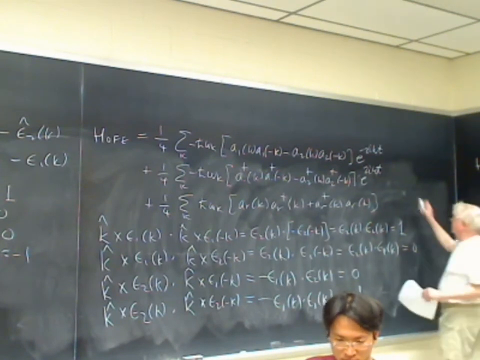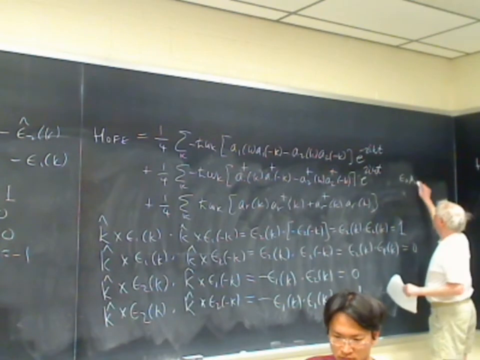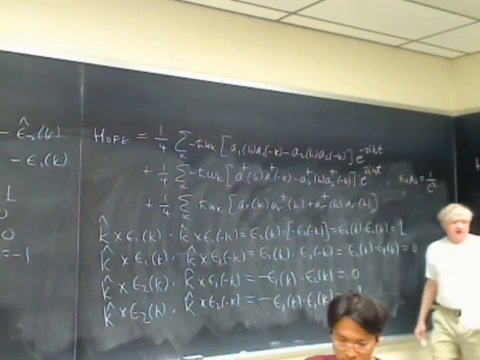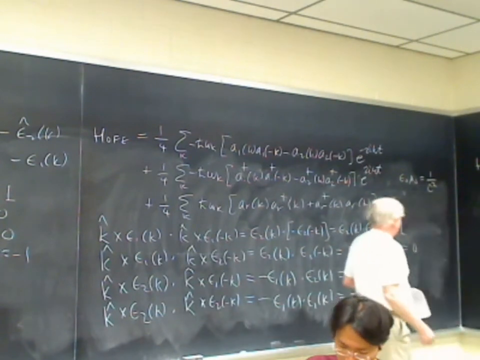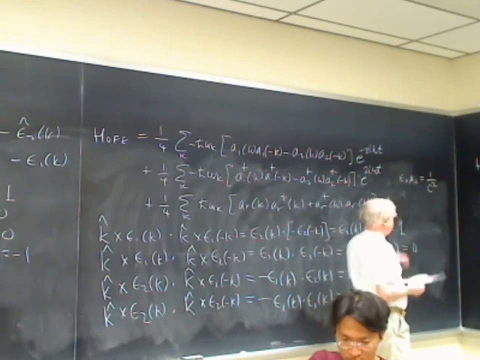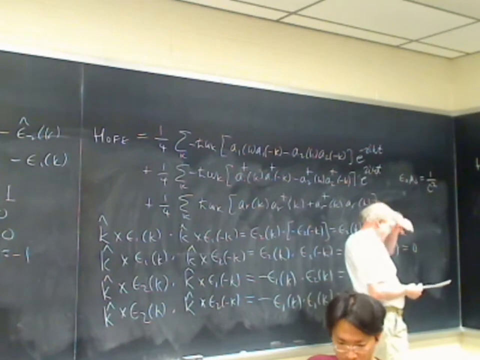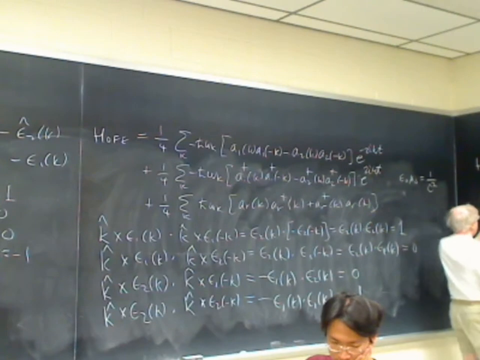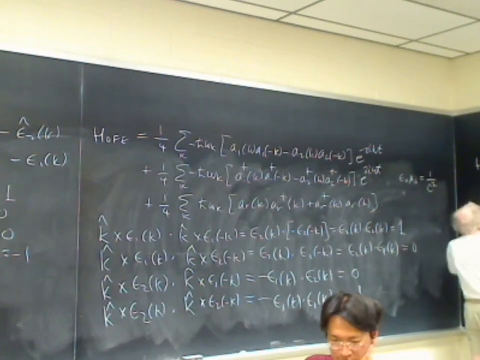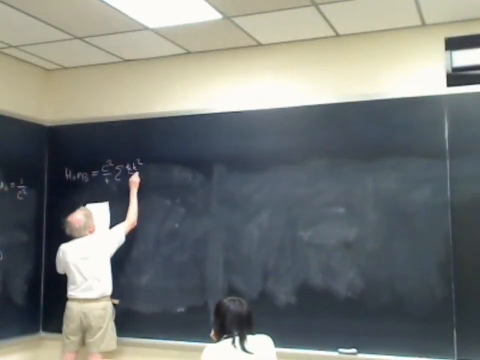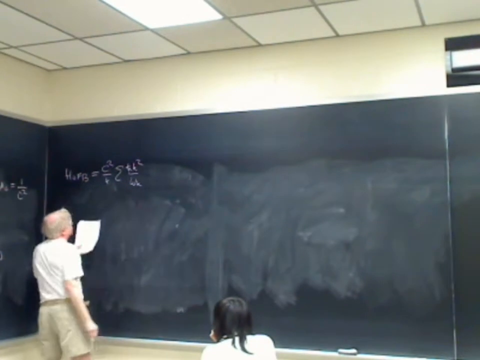well, to do that, we're going to use the relation epsilon 0 mu 0 is 1 over c squared. That's that magic relation that I guess for most of us was maybe the high point of freshman physics. But anyway, so what we get is c squared over 4 times the sum h bar k squared over omega k.